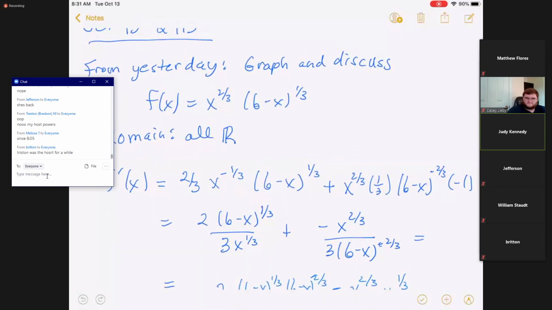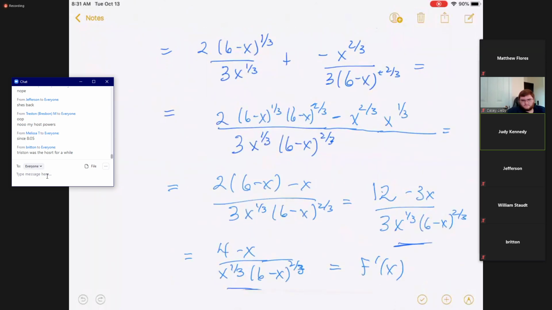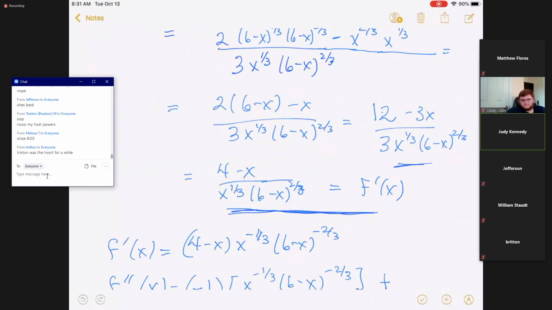Okay, so we were working on this function. f of x is x to the 2/3 times (6 minus x) to the 1/3. Domain is all the reals. We spent a lot of time yesterday getting the first derivative in a nice form, and finally f prime is (4 minus x) over all of x to the 1/3 times (6 minus x) to the 2/3.